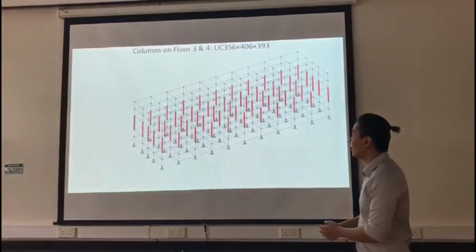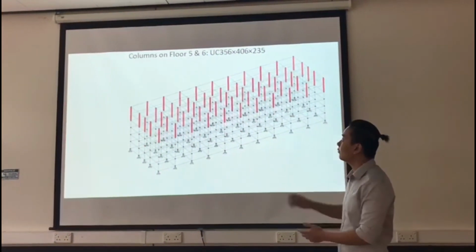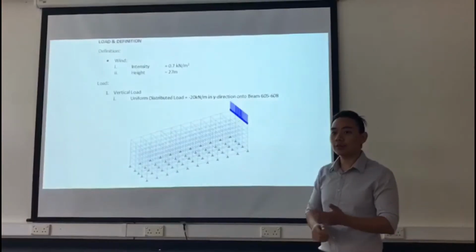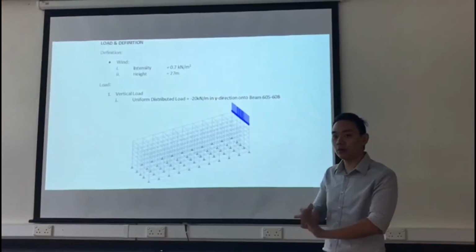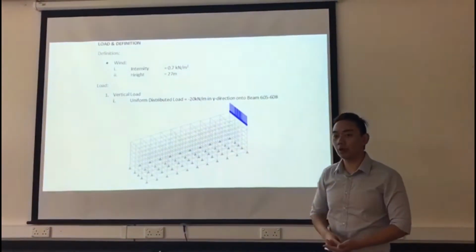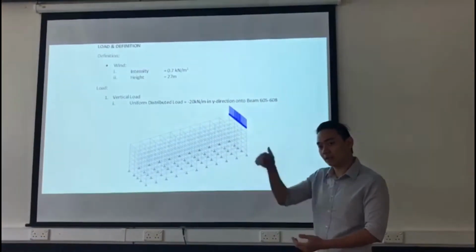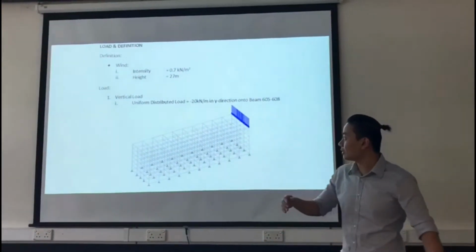Next slide. You can see here this is for the 3rd and 4th floor. This is the 5th and 6th floor. So in total we have 3 types of load. The first one is vertical load, a uniform distributed load of negative 20 kilonewton. Why is it negative? It's because it's going downward. Next.